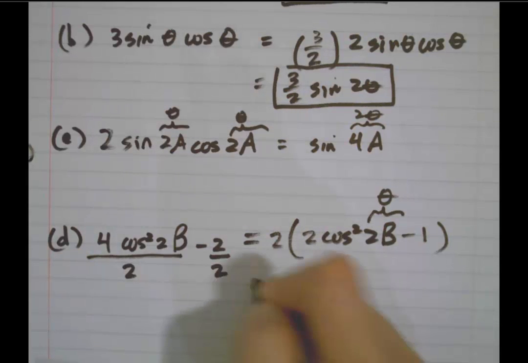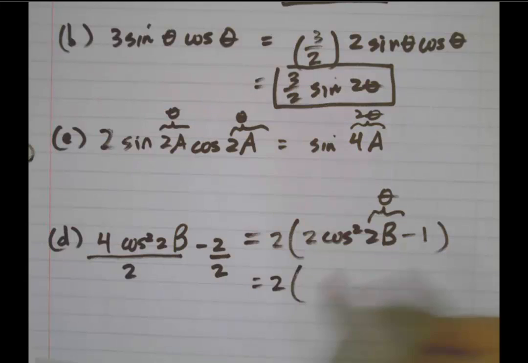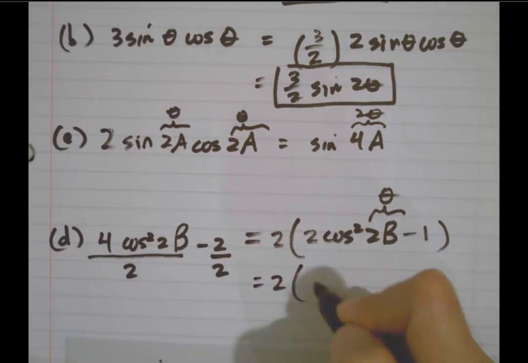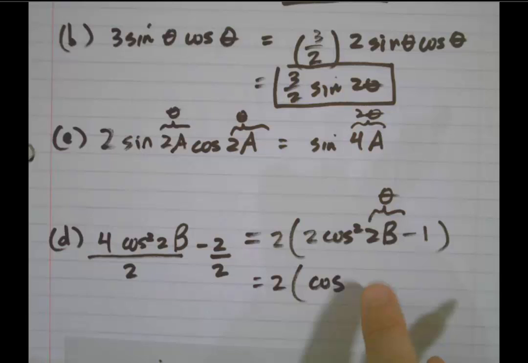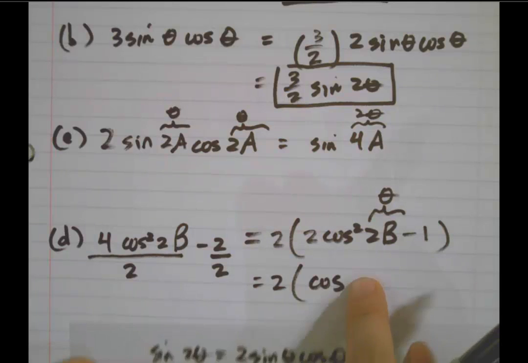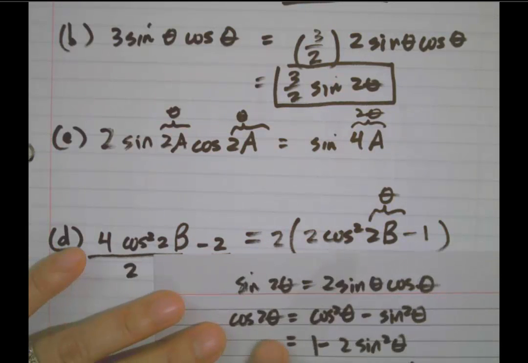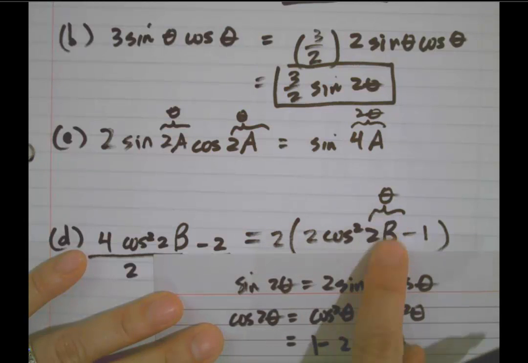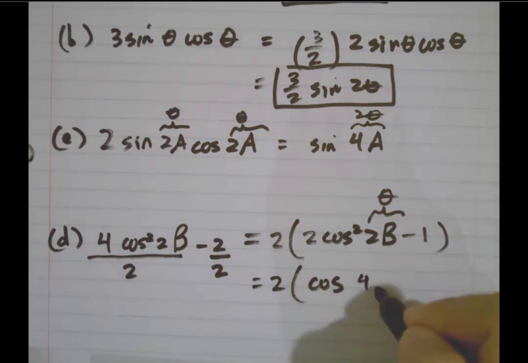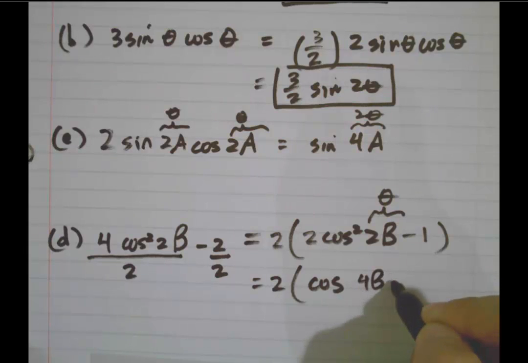So I'm going to leave 2 on the outside. And then this is going to be cosine of 4 beta. Okay? And then we're done.